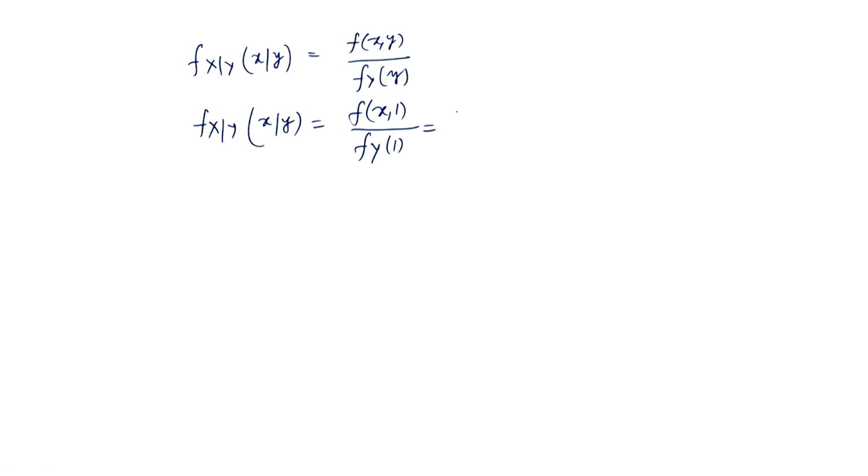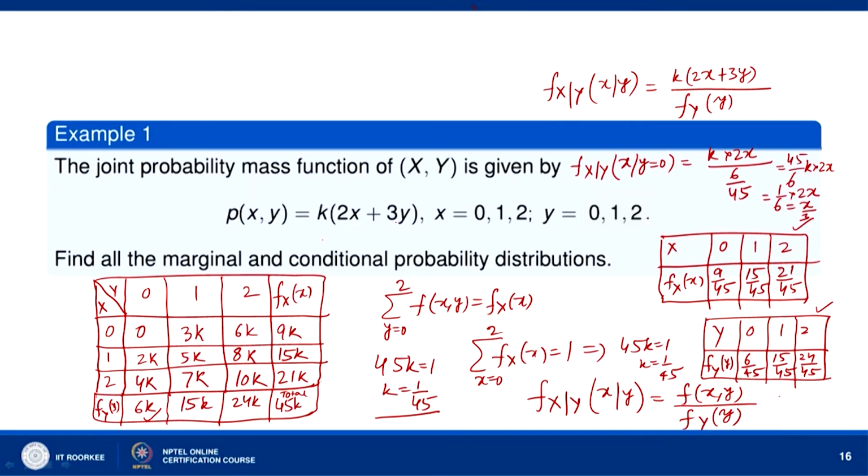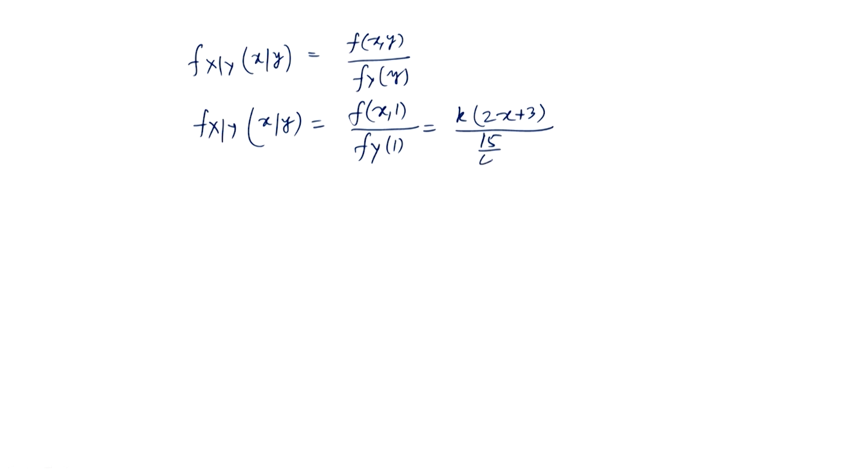Now 15 by 45 means 1 by 3. So 3k into 2x plus 3.